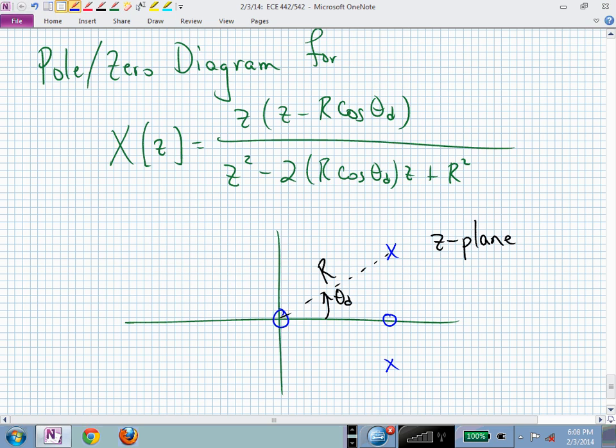And this is now our pole zero diagram for an exponentially damped cosine waveform in the z-plane. It's pole and zero pattern. And you can compare that with what you had in the s-plane, and now in the z-plane, being over here in the right half plane isn't a bad thing, is it? As long as we're inside the unit circle, we're stable.